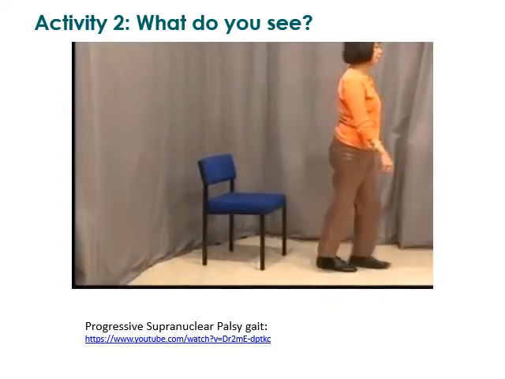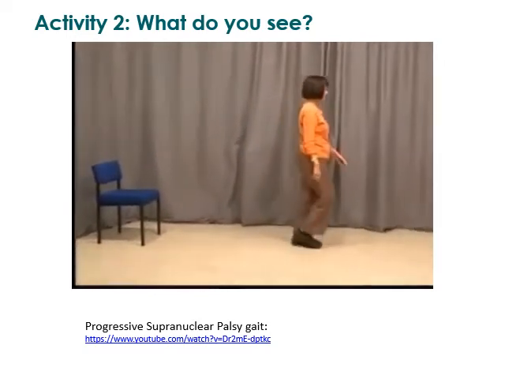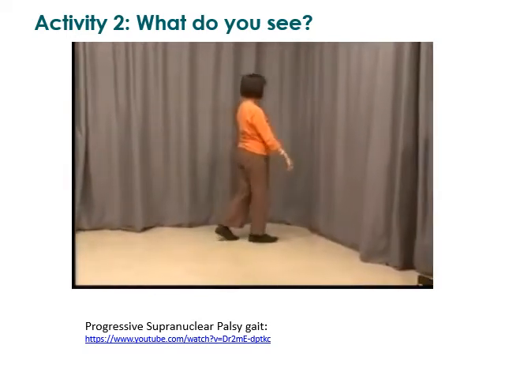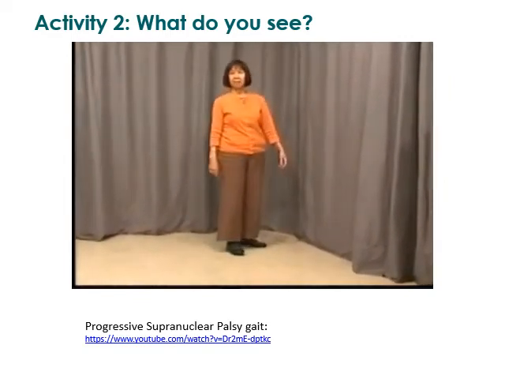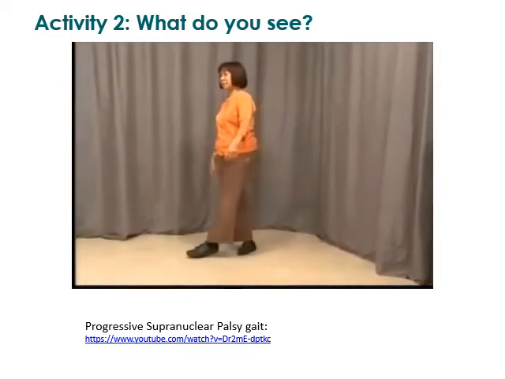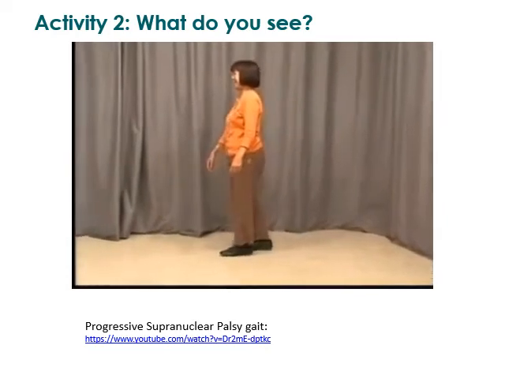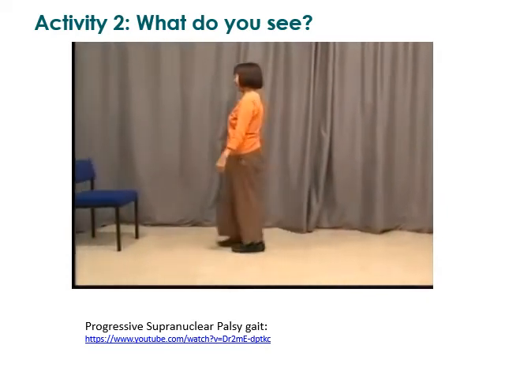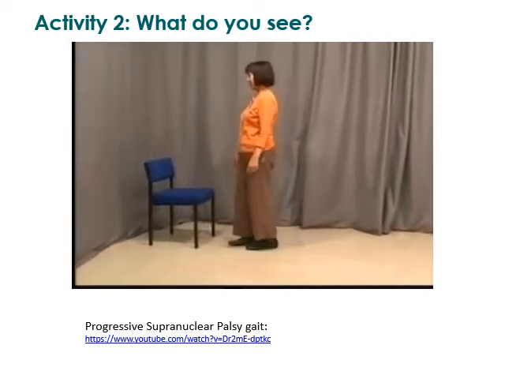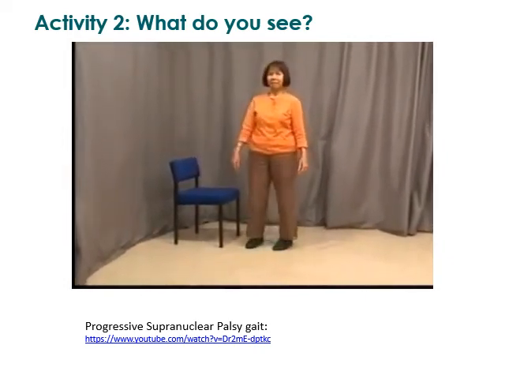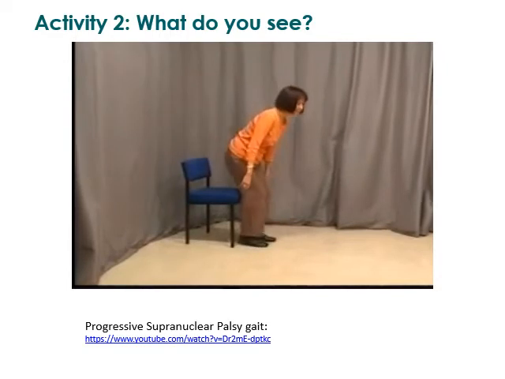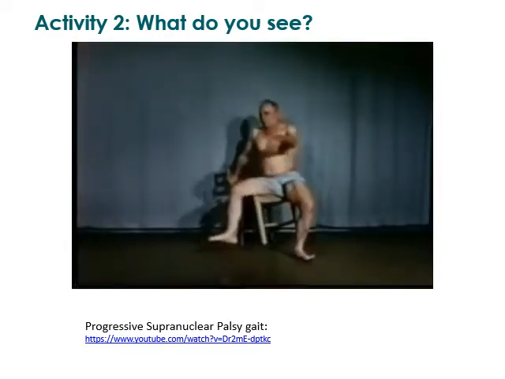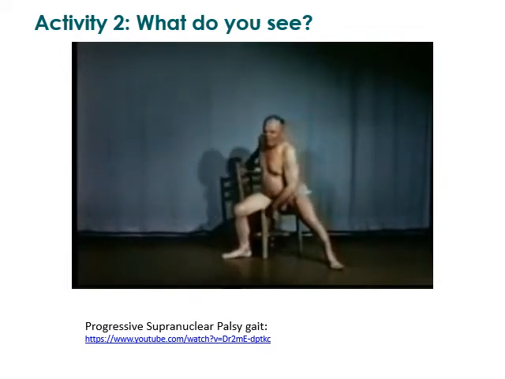There is often preserved arm swing in contrast to Parkinson's disease, and the gait is frequently reckless in that patients seem to be unaware of the dangers that they are running by getting up quickly from a seated position and moving faster than their brain seems to be able to dictate. This leads to damaging and dangerous falls, particularly backwards.